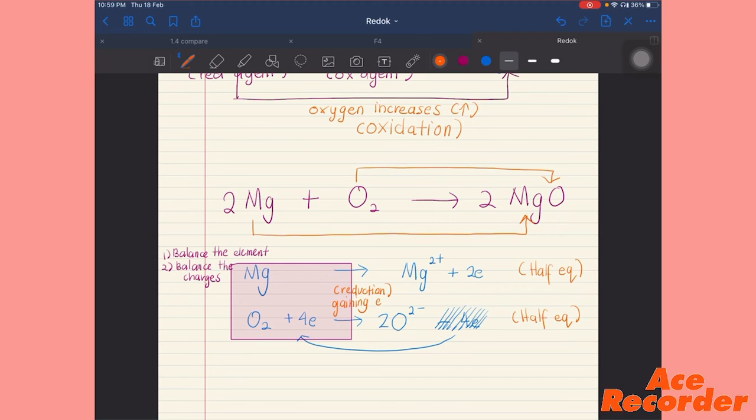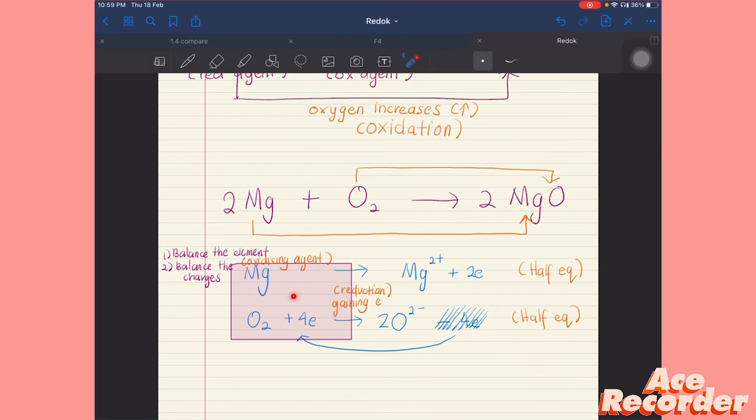Okay, remember, if this one undergoes reduction, meaning the other element acts as the agent. So magnesium acts as the oxidizing agent. Okay, next one, the magnesium. So magnesium, no electron, teacher.